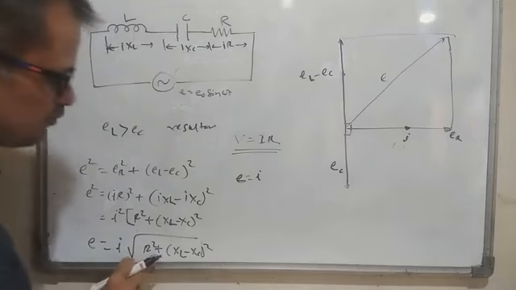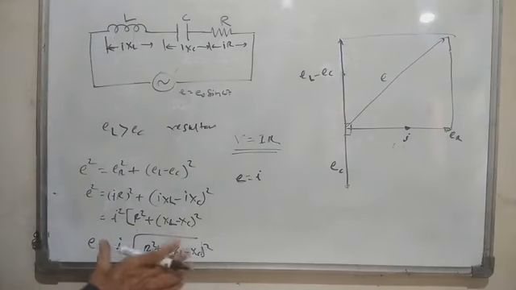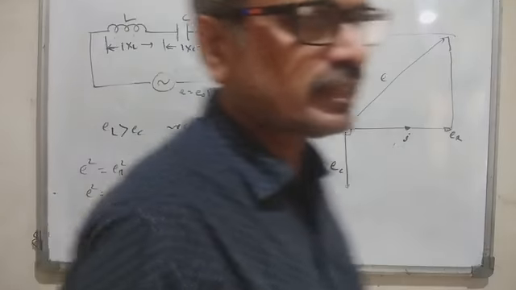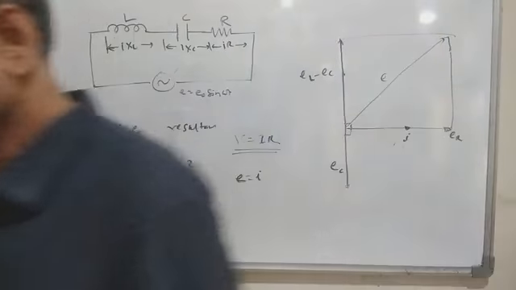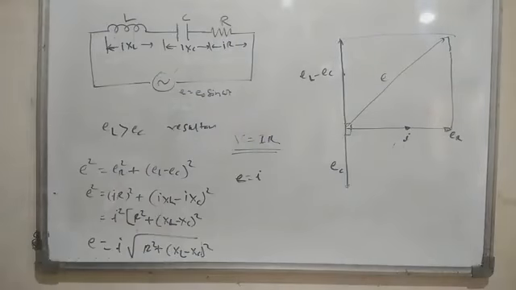Basically, this root of R square plus XL minus XC square is the total resistance offered by the LCR circuit. I will tell you again.